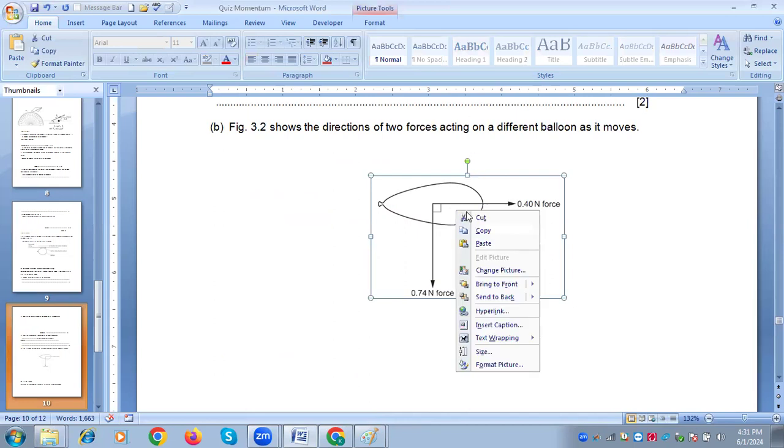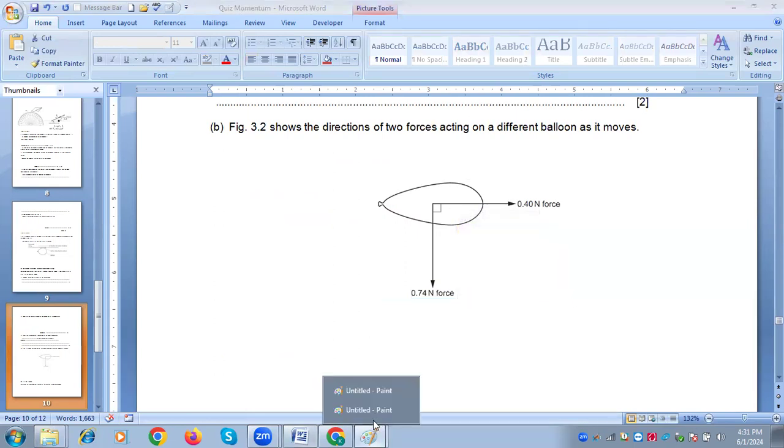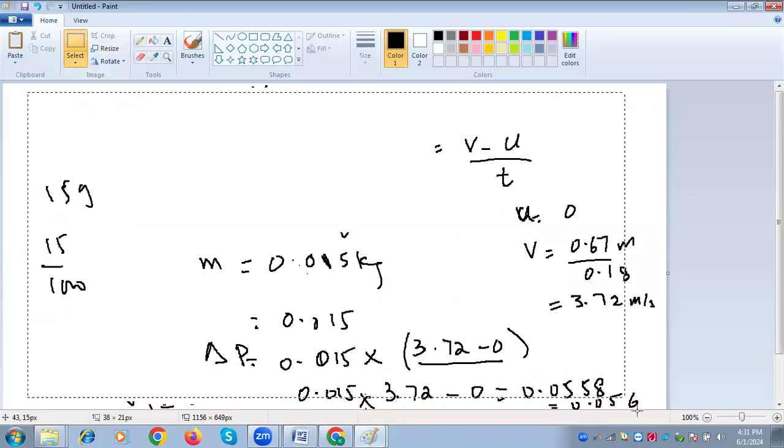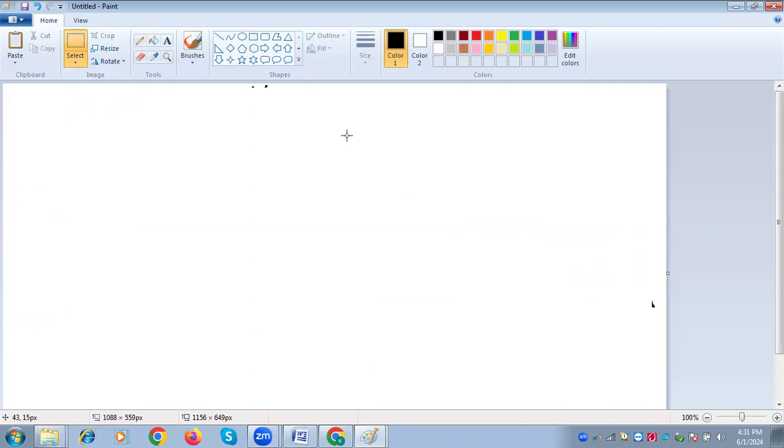I will take this figure. So you have to take the appropriate scale. Okay, you may take 0.1 Newton equals 1 centimeter.